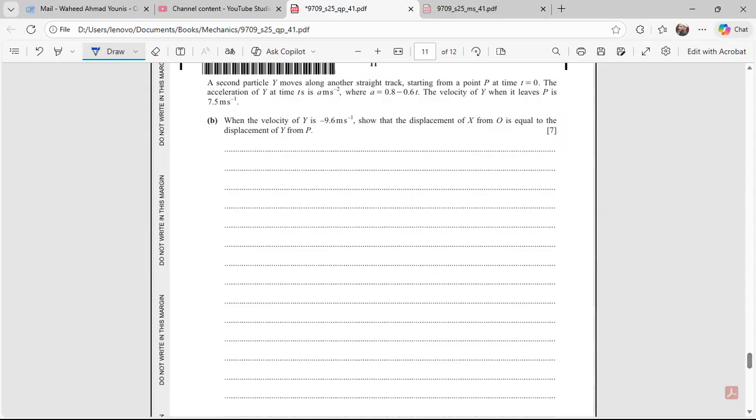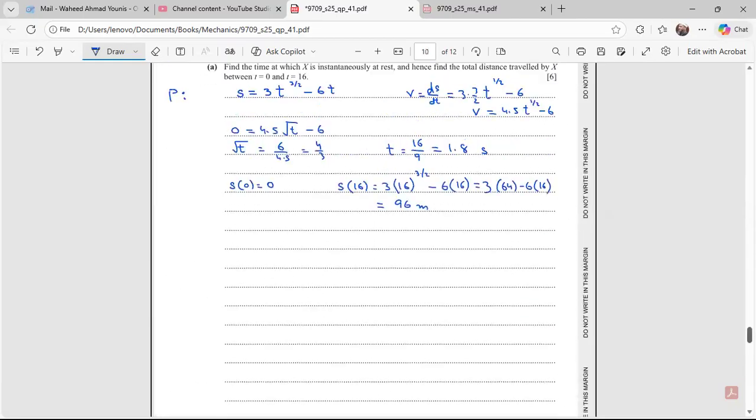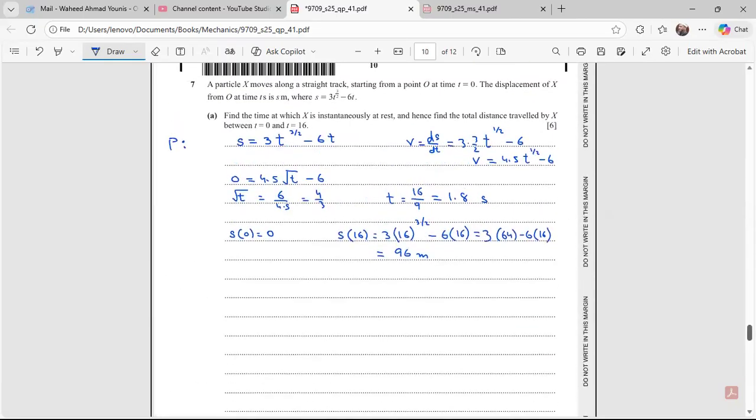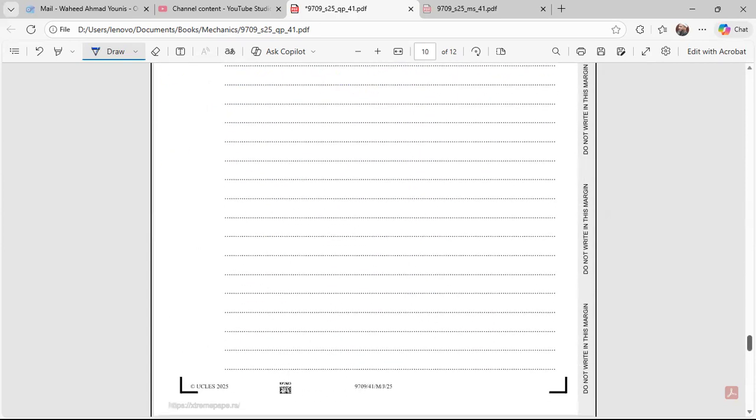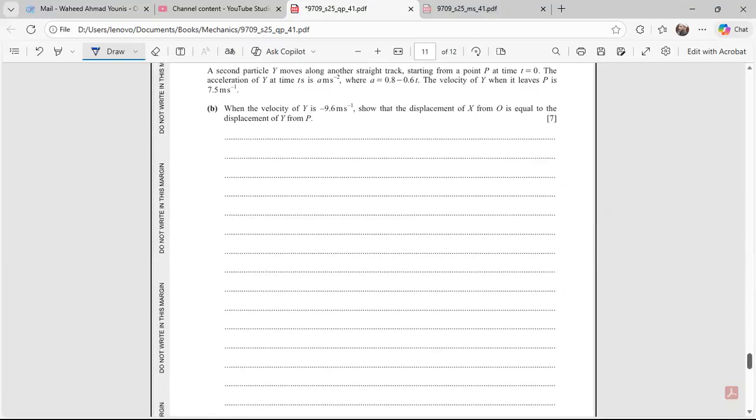The acceleration of Y at time t is given. Before, it was particle X, sorry, not P. This whole analysis was for X. Now we want to do it for Y.